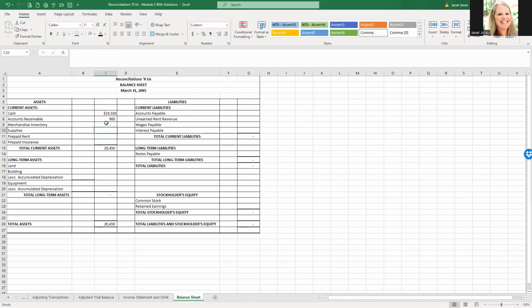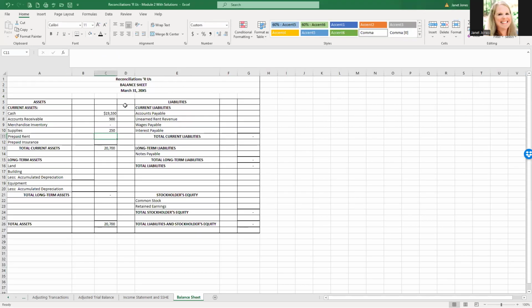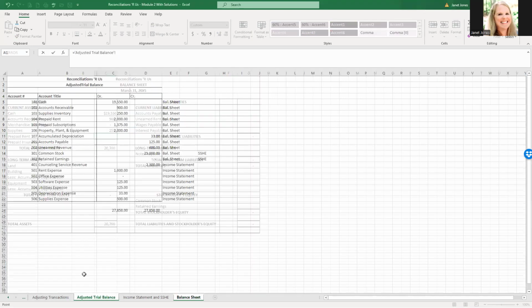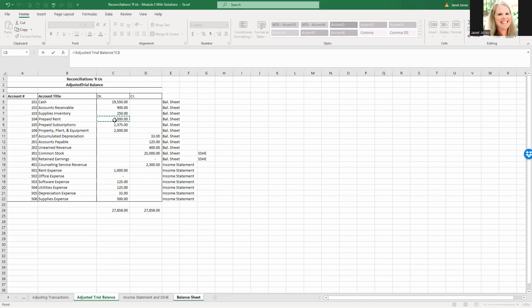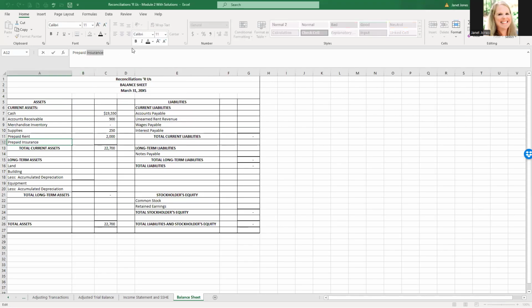We don't have merchandise inventory in this example. Supplies inventory. We have prepaid rent. And then we have prepaid subscriptions, not insurance in this example.